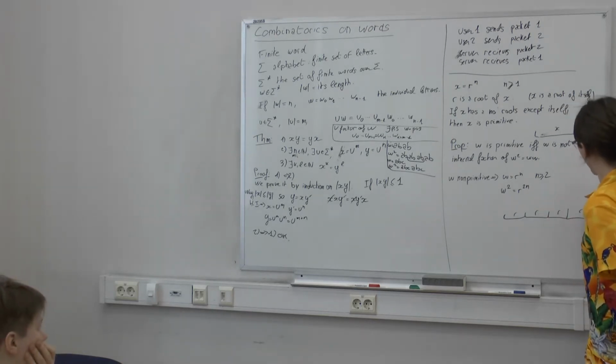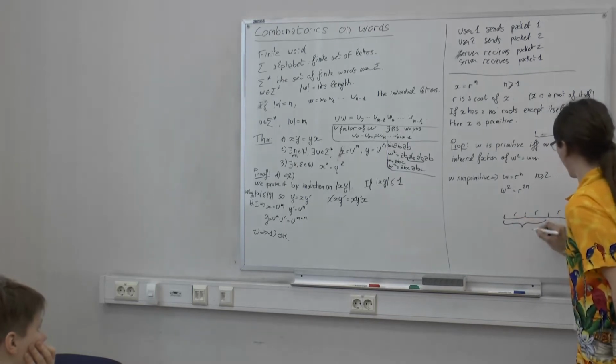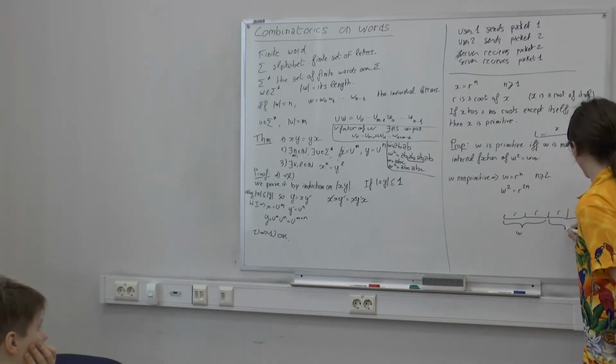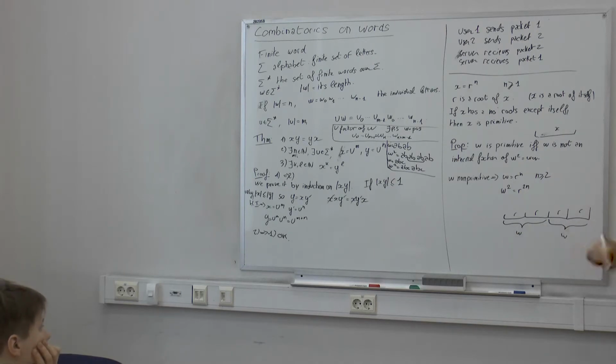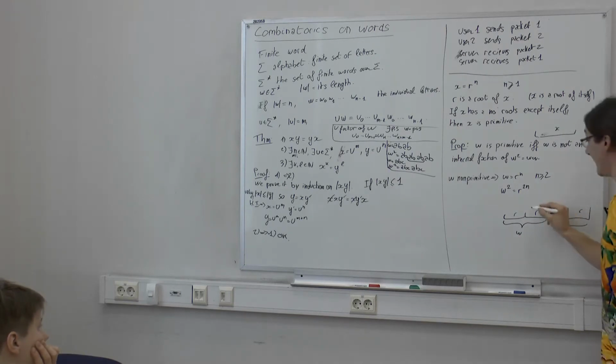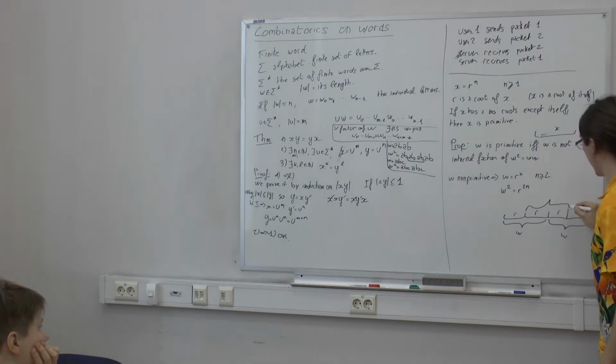The idea is that, of course, we might have even more occurrences of r, but in this case, if w has some root that is non-trivial, you can write it like this, maybe with even more occurrences of r, but in any case, you will find w here.